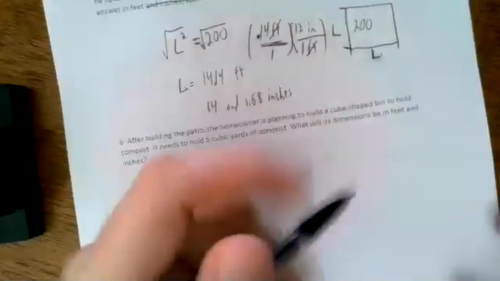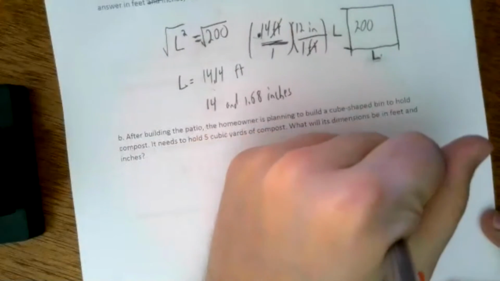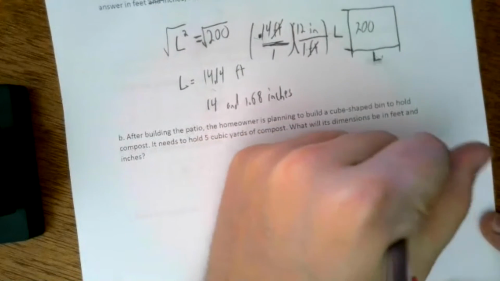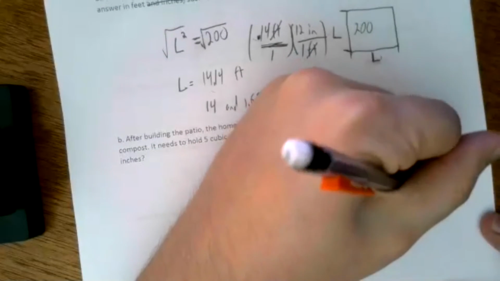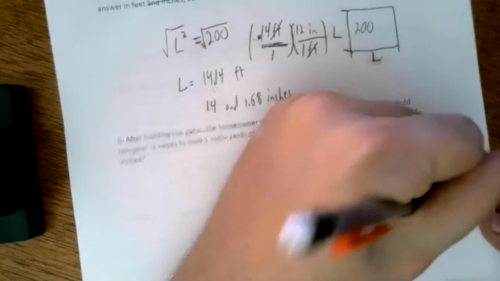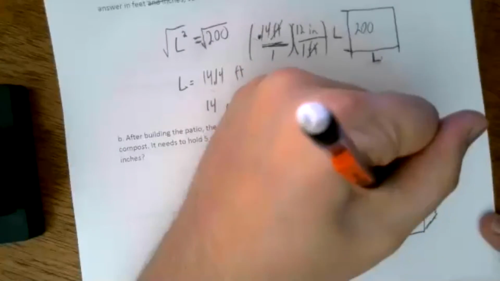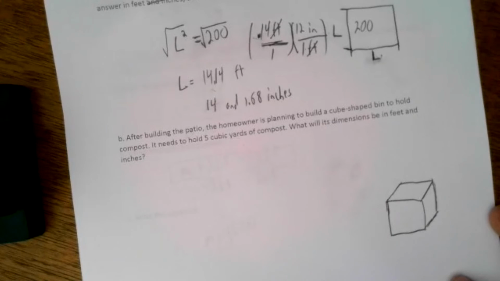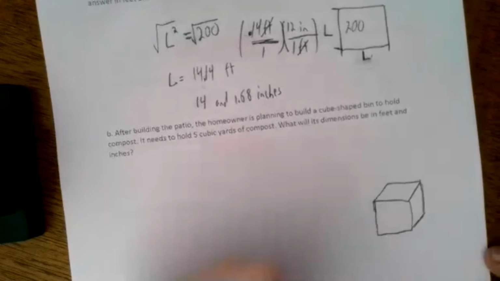So what's special about a cube? What's special about the sides of a cube? I think you're on the right track.